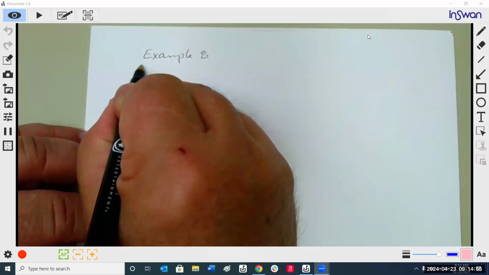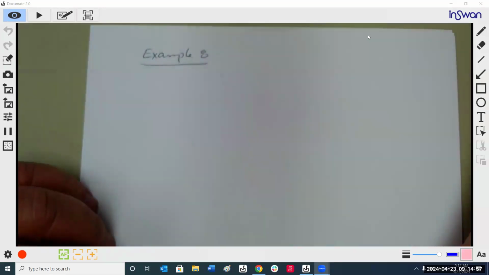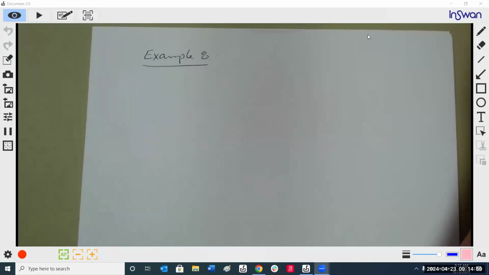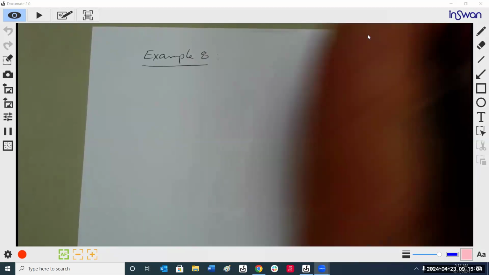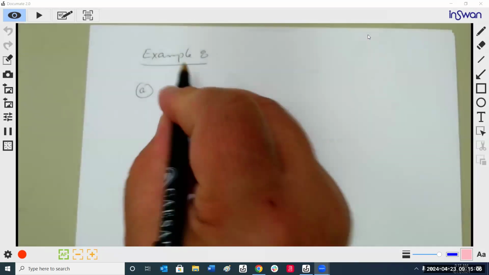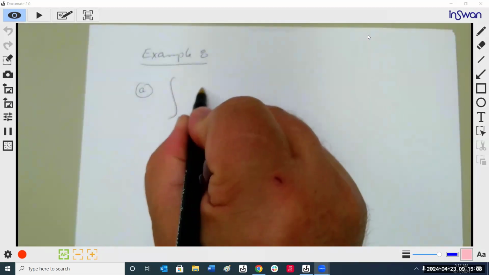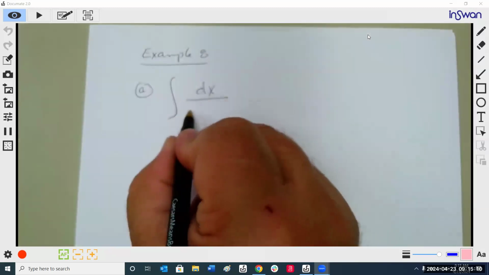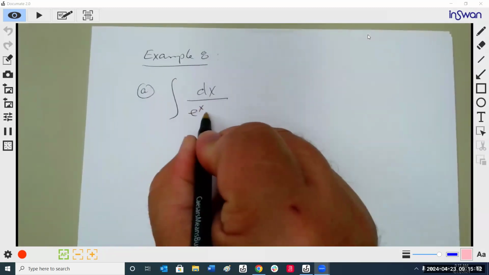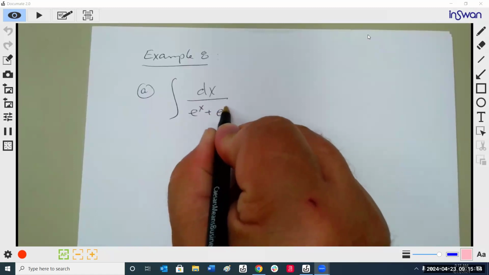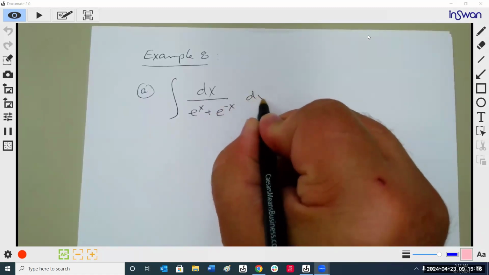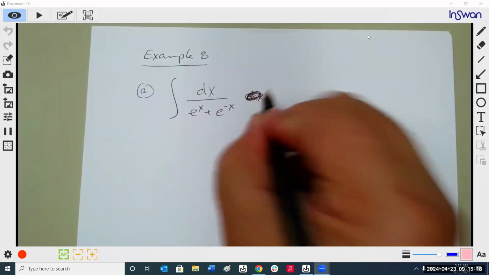Example 8. An integrand may require some algebraic manipulation before the substitution method is applied. For example, the integral of dx over e to the x plus e to the negative x.